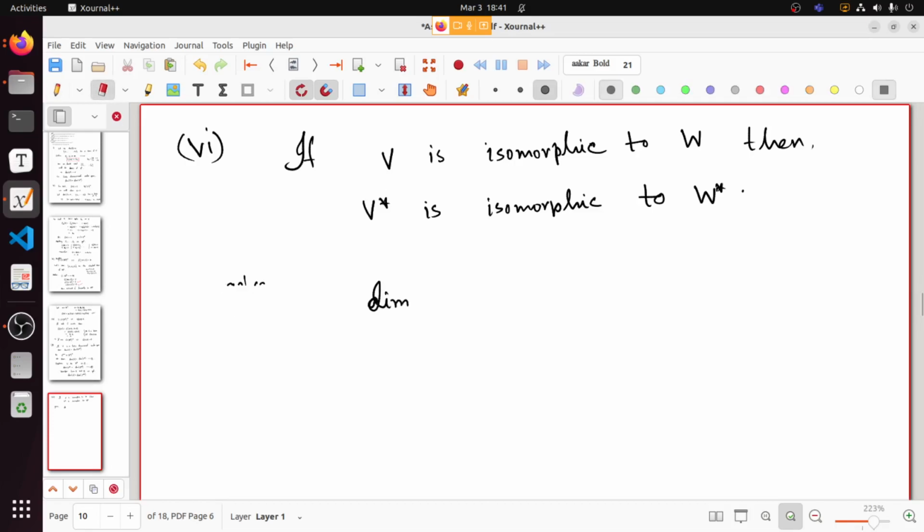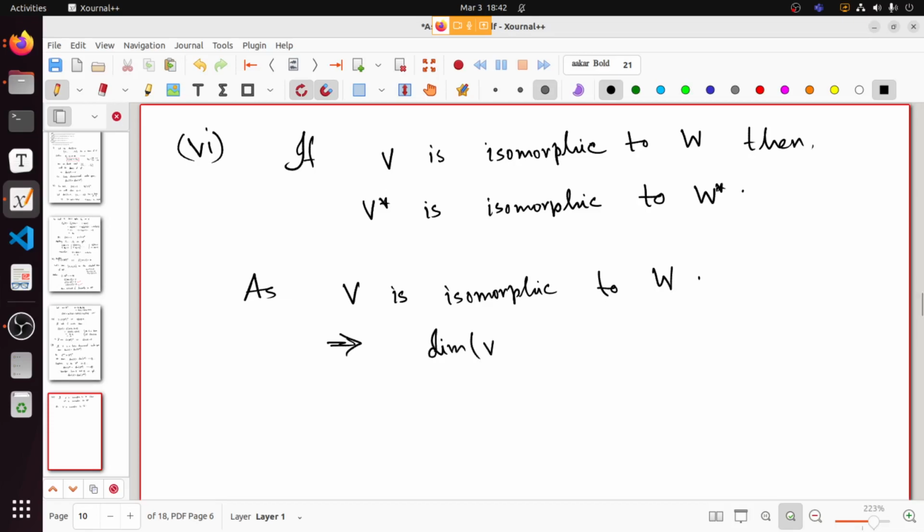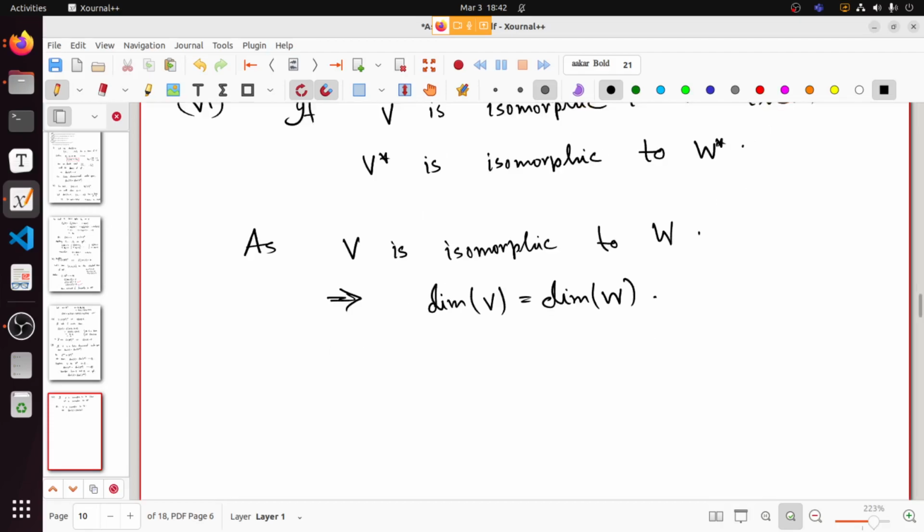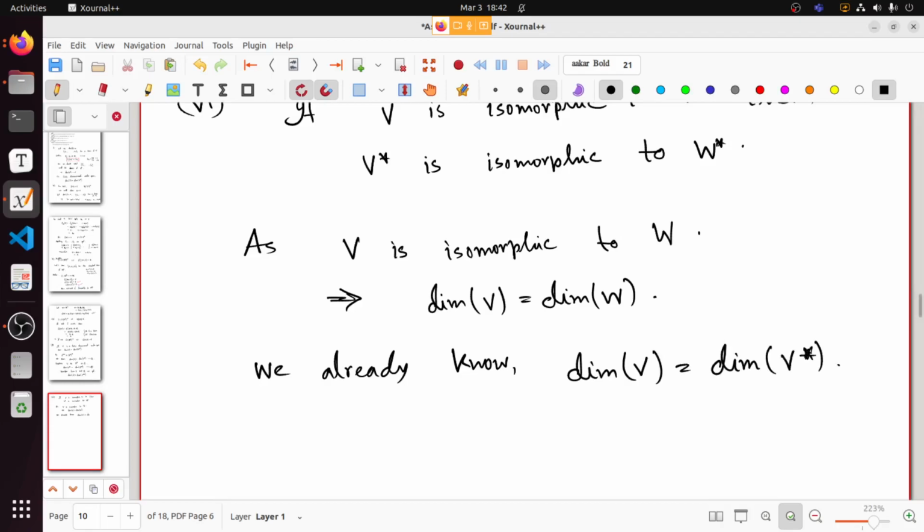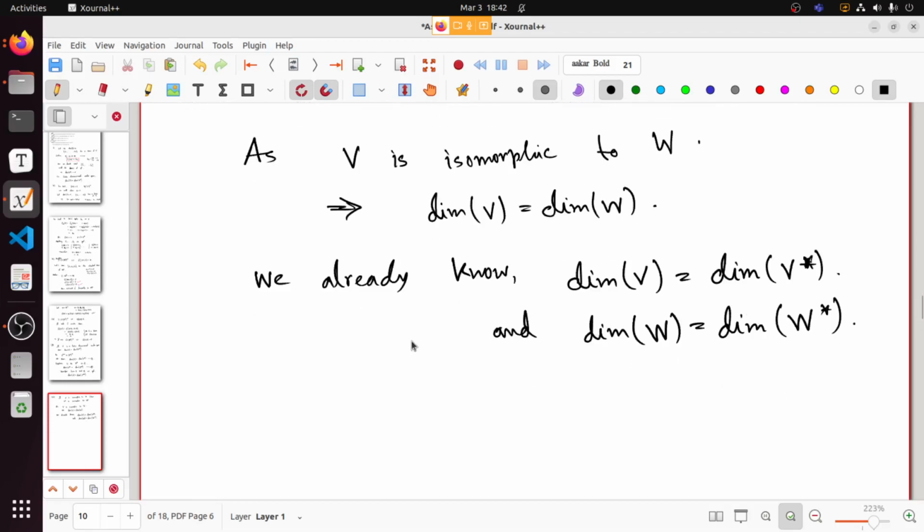As B is isomorphic to W, which implies the dimension will be the same: dimension of B equals dimension of W. We already know dimension of B equals dimension of B star, and the same holds for W: dimension of W equals dimension of W star. So from there we can see dimension of B star equals dimension of W star, right?